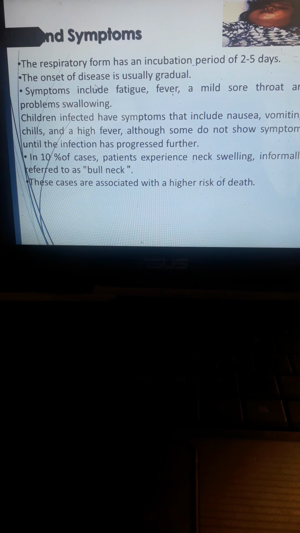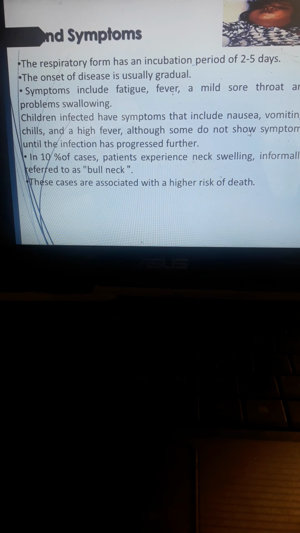So, signs and symptoms: usually there is an incubation period of 2 to 5 days. Onset is usually gradual. When you say onset, it is the time when the disease has already produced its infection. Symptoms include fatigue, fever, mild sore throat, and problems swallowing. Children infected have symptoms including nausea and vomiting, chills, and high fever.